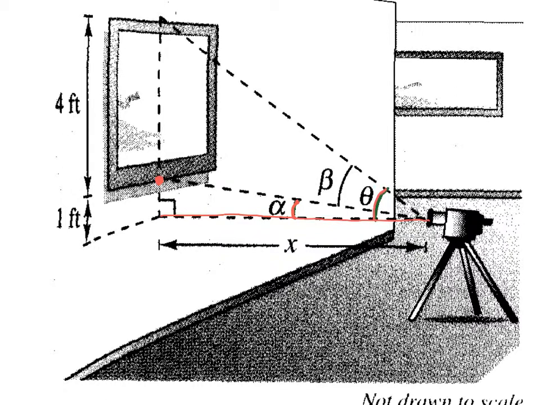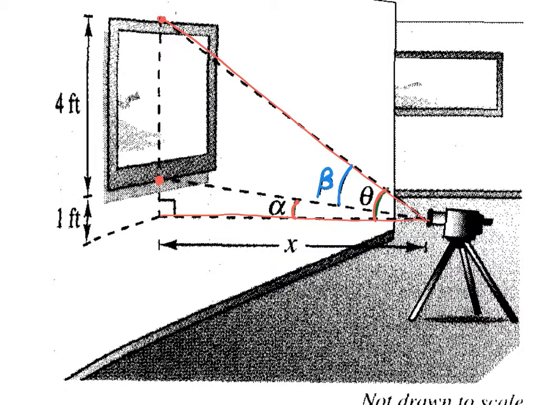Theta is the angle to look up to the very top of the frame. Okay? So the angle we're trying to maximize is the difference between those. And that's that beta. This B looking thing is a beta. It's just 3 Greek letters. So that beta is what we are trying to maximize.